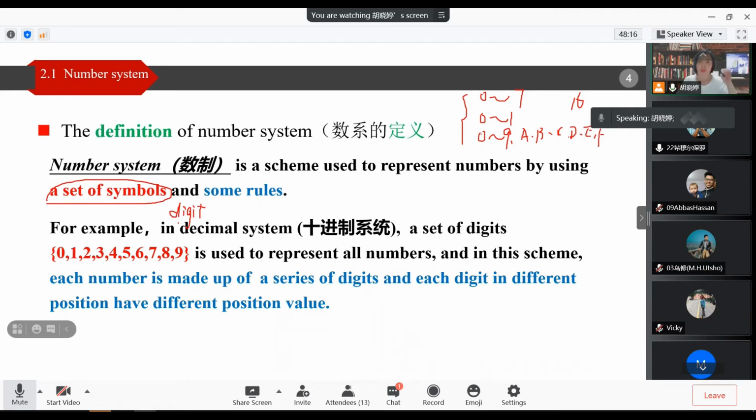In order to describe all numbers, you need to use some rules.